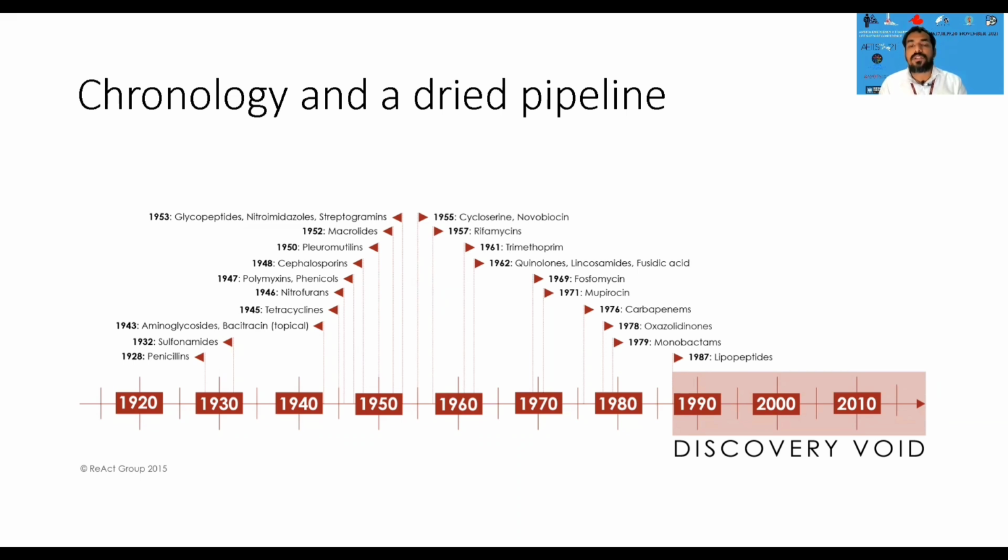From the 1940s to 1990s, so many antibiotics and so many classes of antibiotics were produced by the scientific world. But by 2000, 2010, 2020, barely any antibiotic started coming to the market. And right now we have a discovery void of antibiotics.